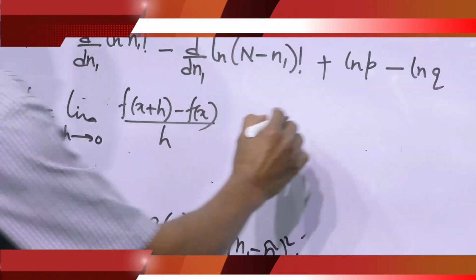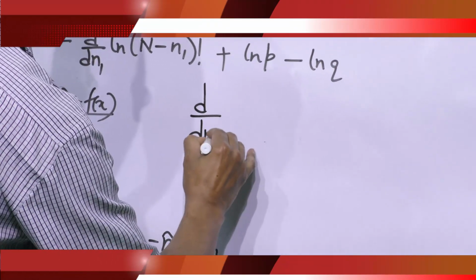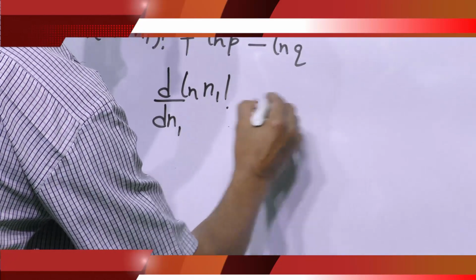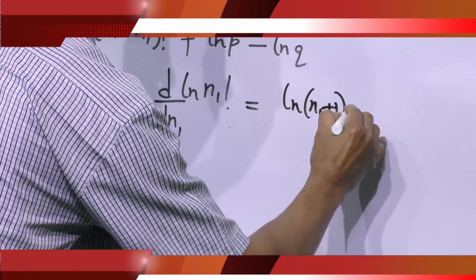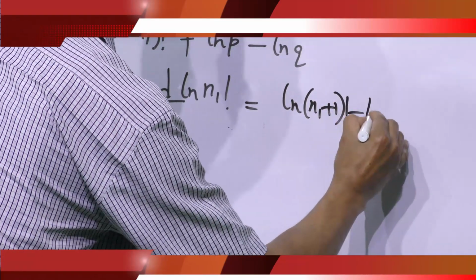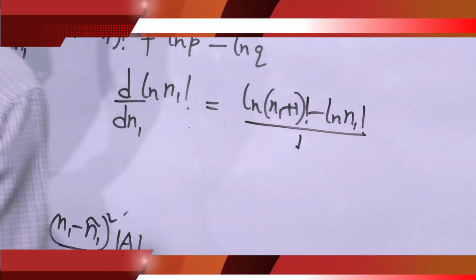So we will have d/dn1 of log of n1 factorial is equal to log of (n1 plus 1) factorial minus log of n1 factorial, divided by 1.